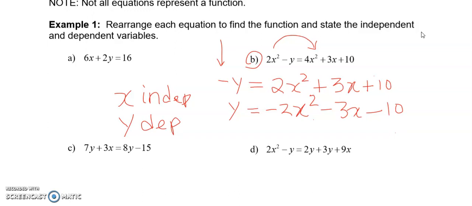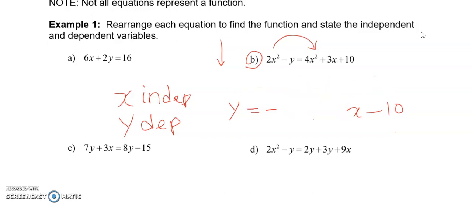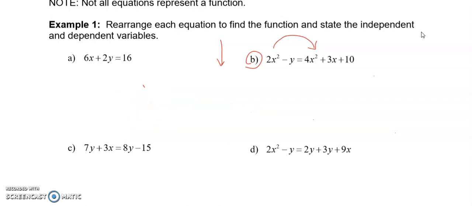Now, what would happen if you tried to get the x by itself? Is it possible to write this relation as a function of y? Well, notice you have x squareds there, and you also have x's.